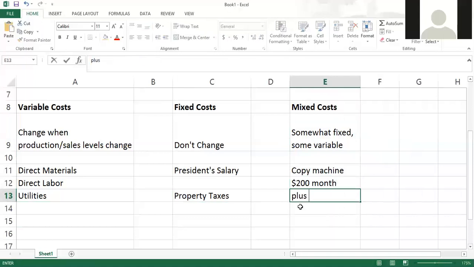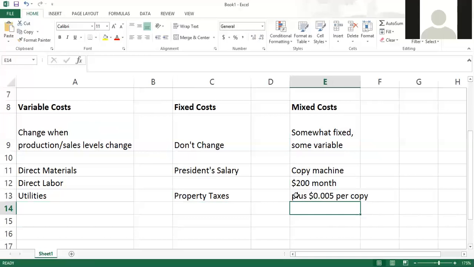But then you also have to pay half a cent per copy, or some number per copy. I know that doesn't make the math work out very well at such a rate, but that would determine your bill to the place you rent the copy machine from. So you can see that if you make more copies, your bill goes up. You make no copies, your bill is smaller.